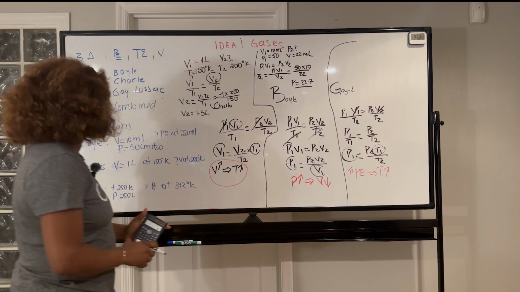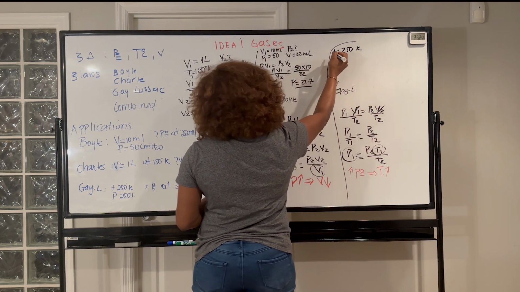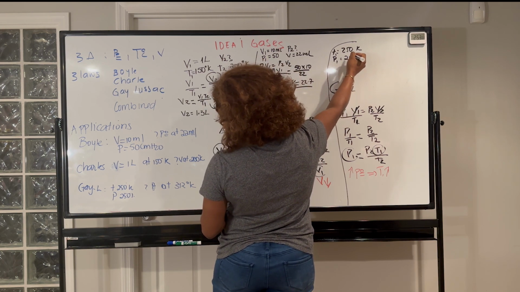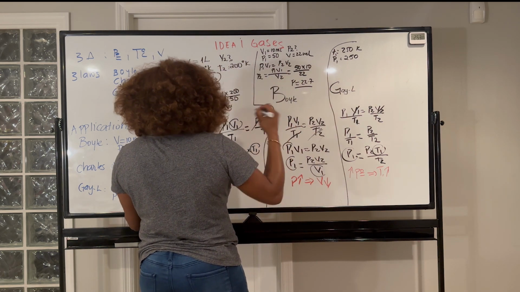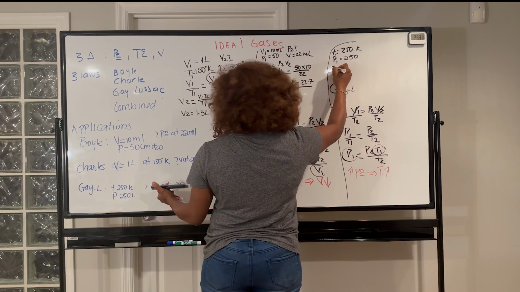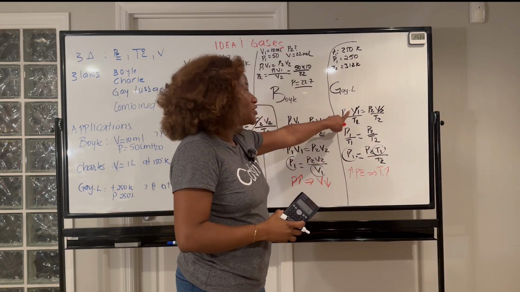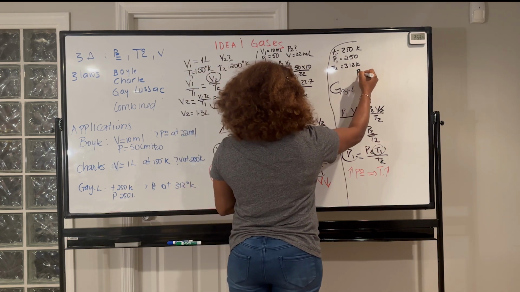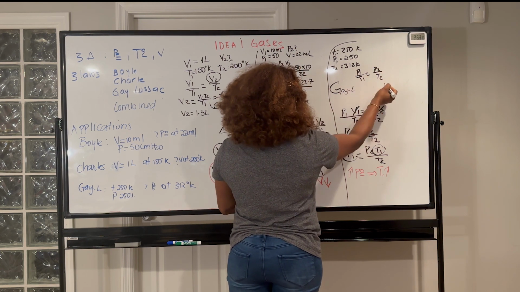If we have a gas at a temperature of 250 Kelvin and a pressure of 250 centimeters of pressure, and we want to know what's going to be the pressure at a temperature of 312 K. Same principle, we know our volume is constant in Gay-Lussac's law, so P1 T1 equals P2 T2, and I'm looking for P2.